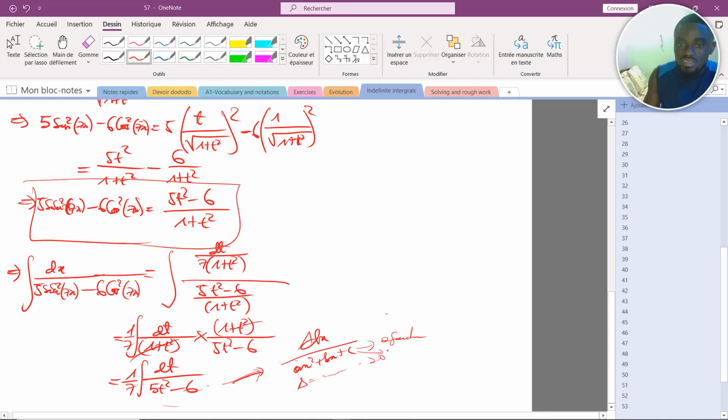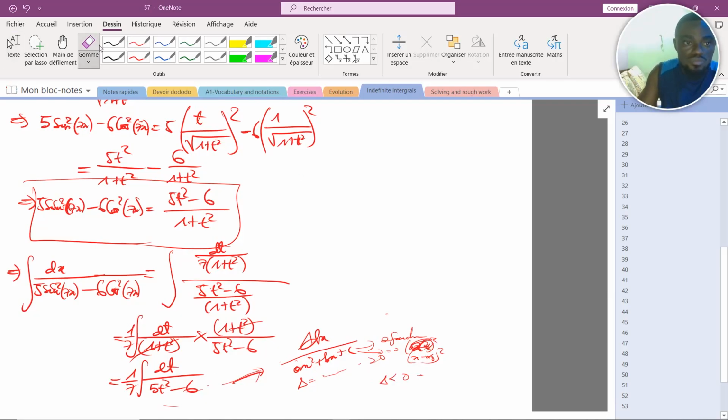If delta is equal to 0, this will give real repeated roots, so we shall write it in the form a(x minus alpha 0) all squared and integrate that. You understand? And if delta is less than 0, we complete the square before integrating.